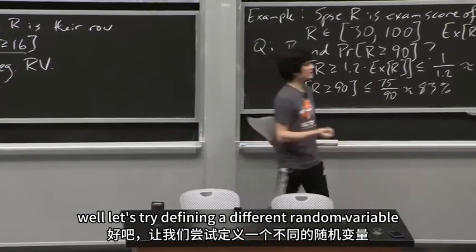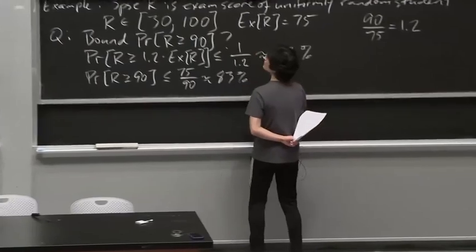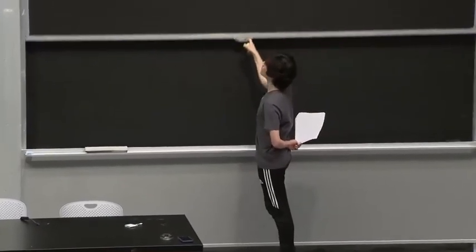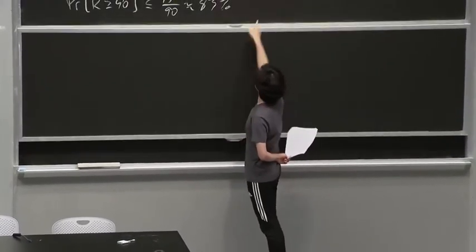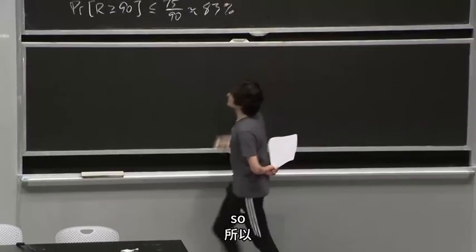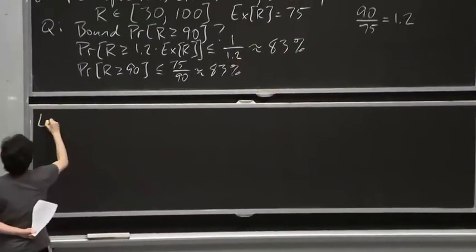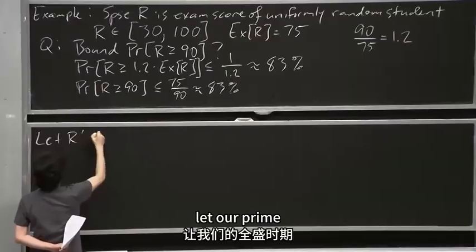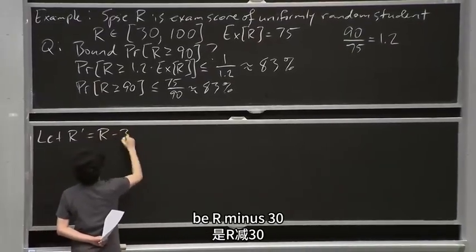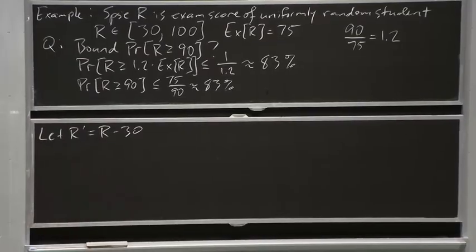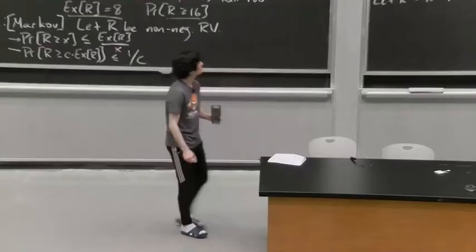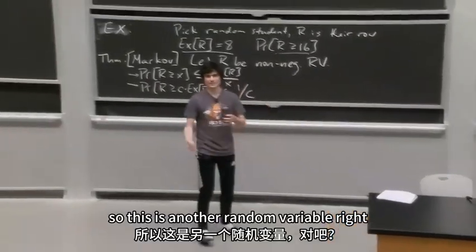Well, let's try defining a different random variable. Let R prime be R minus 30. So this is another random variable, right?